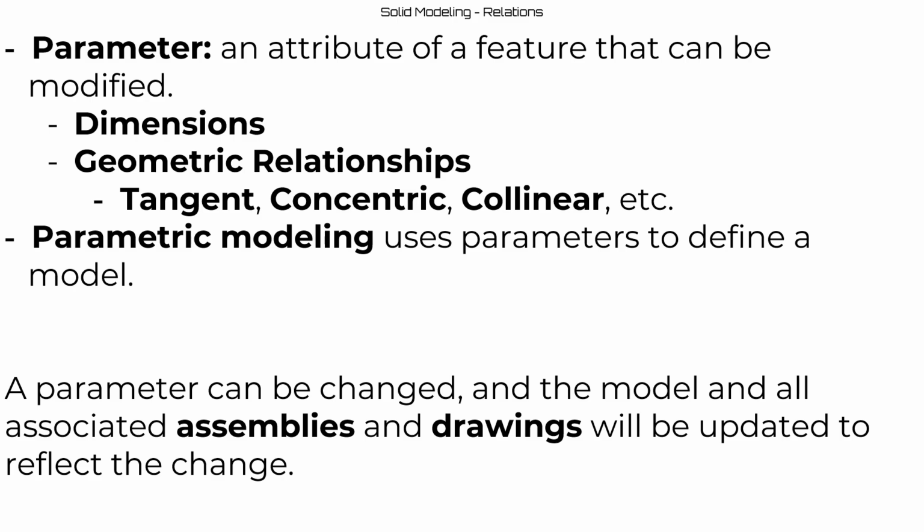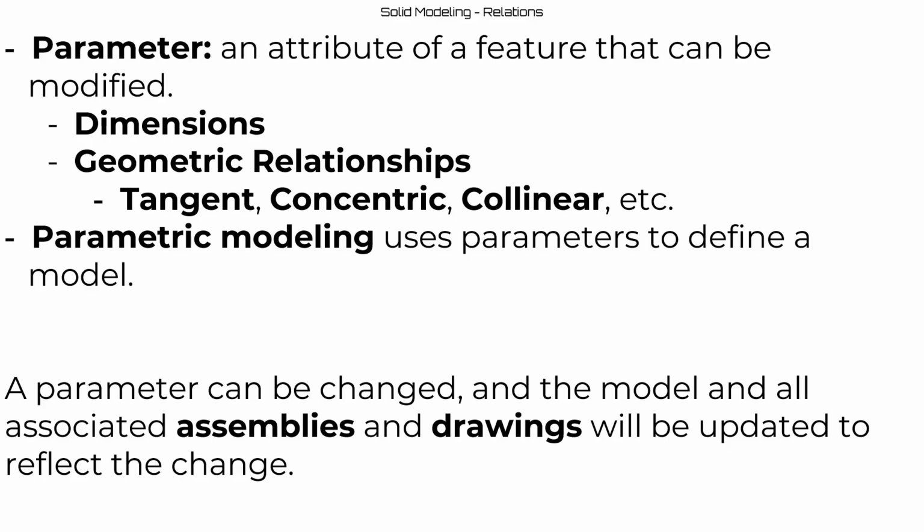So dimensions are a part of it, but geometric relationships are also parameters. The main thing for parameters is just anything that can be modified. Like your constraints or, again, dimensions. Basically anything that can change the part is considered a parameter.